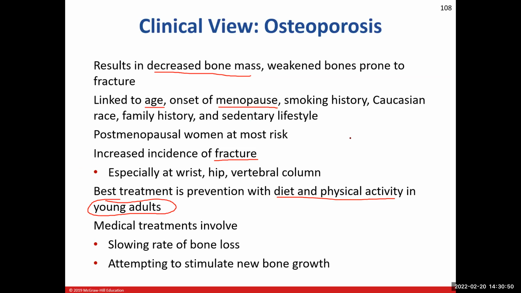What we do now when we are younger will have an effect in our older days. So think of it like that. You're just going to keep depositing into your skeleton the proper nutrients and the proper ingredients to make good, strong bone.